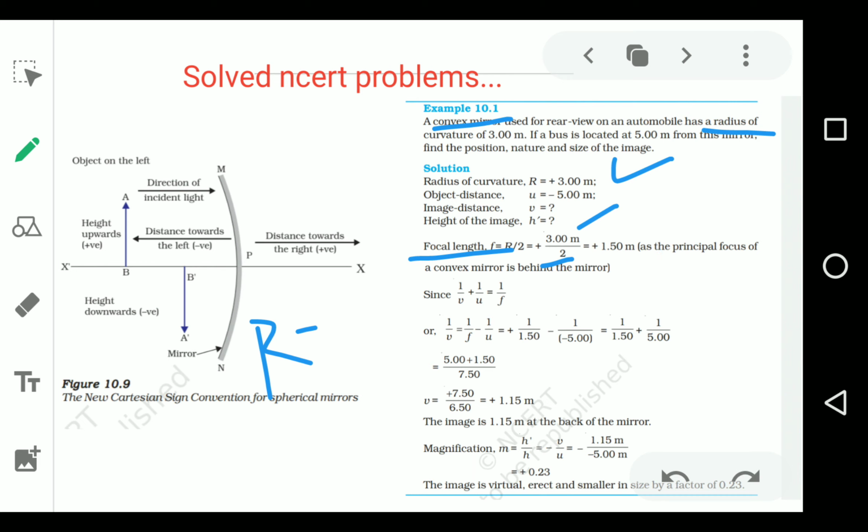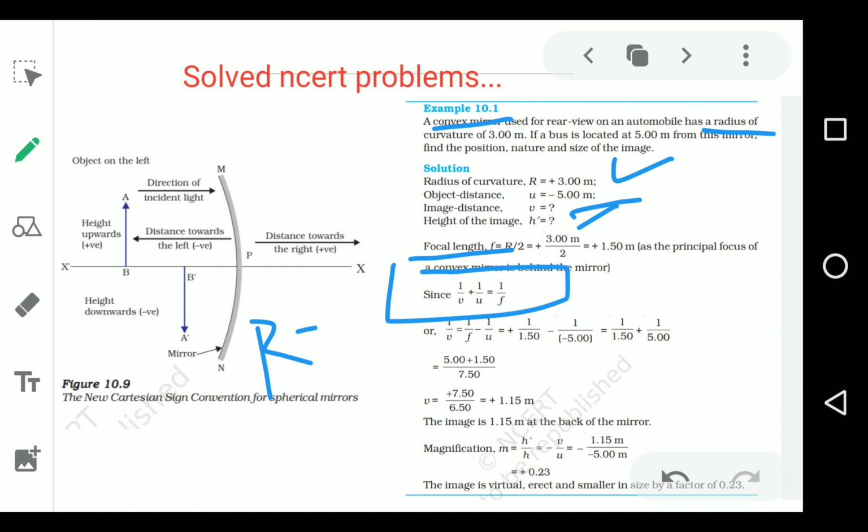Okay, and next, the object is placed. The bus is the object here, so it is located at 5 meter from this mirror. Okay, it means the object distance is 5 meter, and object distance is always negative, so it is minus 5 meter. Okay, so we are using the mirror formula. What is the mirror formula? The mirror formula is 1 by v plus 1 by u.